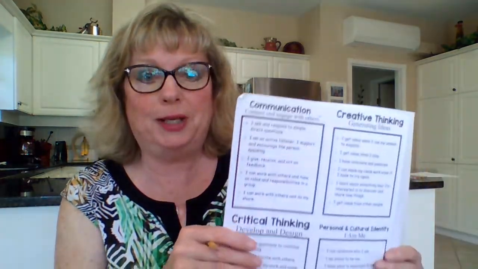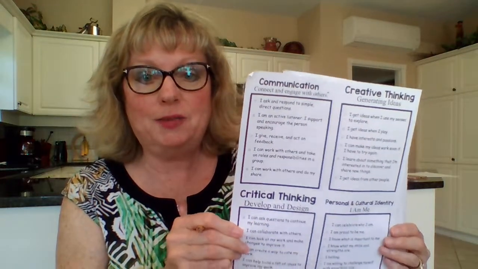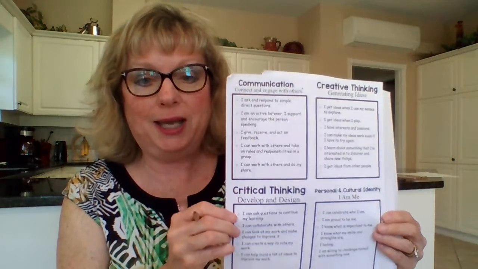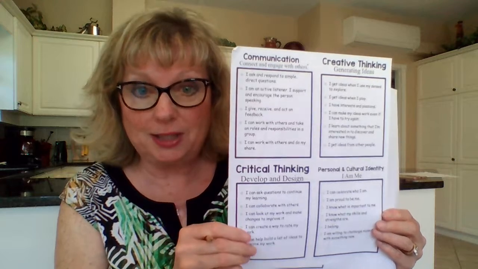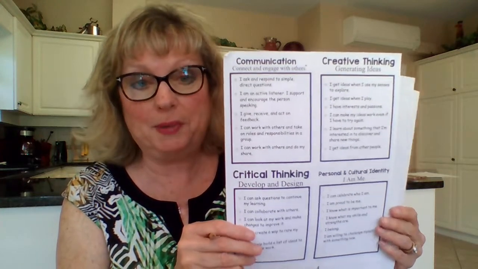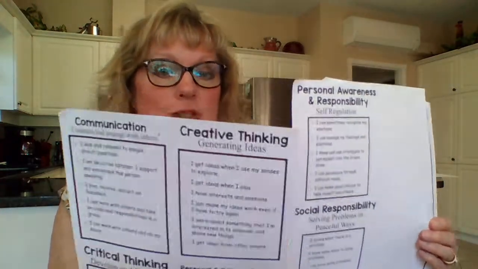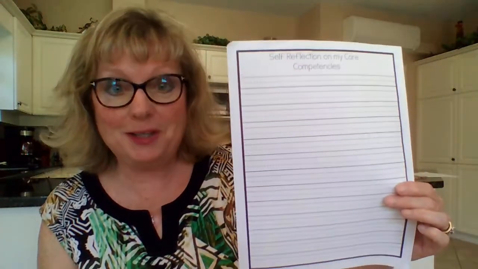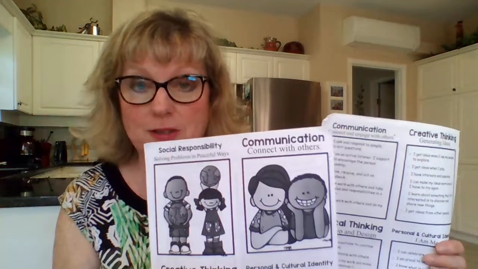Please have the worksheets that you need ready. These ones here that have the little circles on them, okay? This is where I'm going to have you do some checking for me, but I'll talk about that in a minute. So these two sheets, as well as a self-reflection sheet. It says the core competencies. This is part of our language and our report cards that we look at all year, and that's why teachers are focused on this all year.